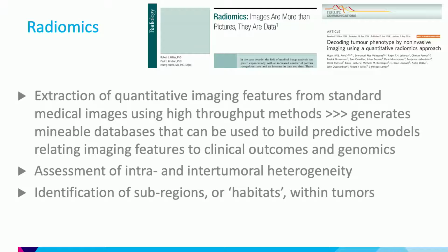And then usually looking at large, mineable data sets that can be used to build predictive models that relate imaging features to either outcomes, pathology, genomics, etc. And it's also a good way to assess intra- and inter-tumor heterogeneity, meaning inside the tumor but between patients, where you identify what we call habitats or subregions within the tumor.